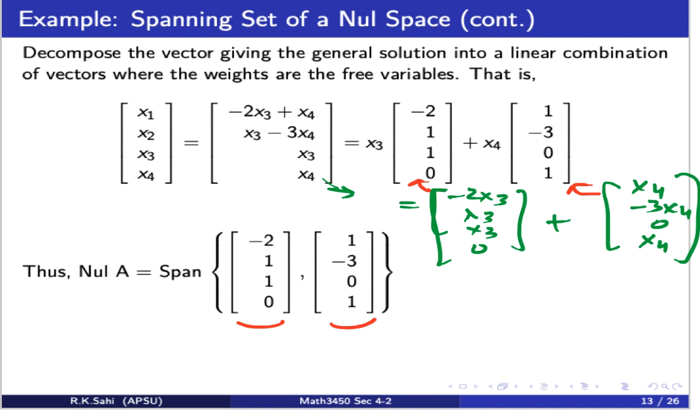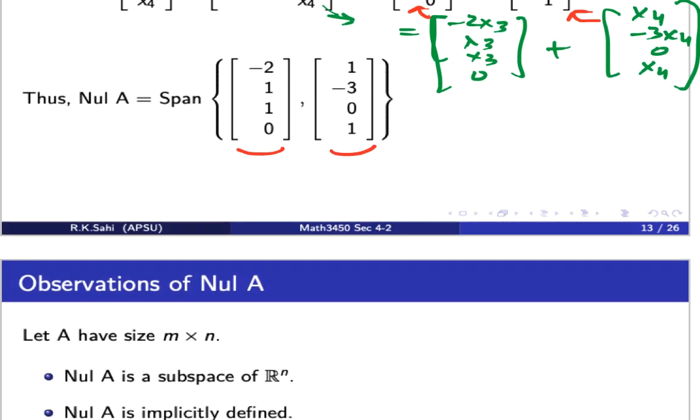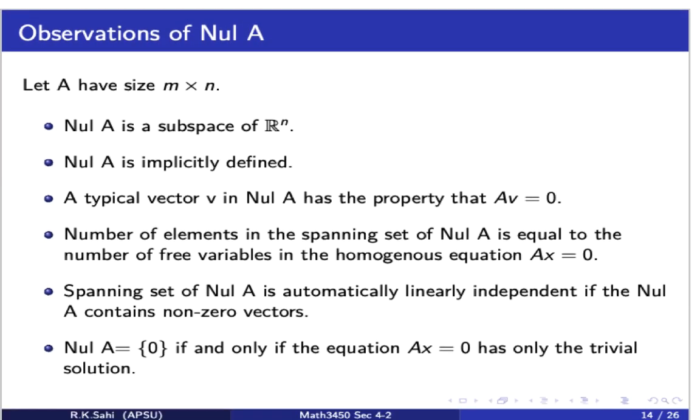Okay, let's look at some observations. If I have a matrix A of size m by n, the null space of A is a subspace of R to the power n, which is the number of columns of the original matrix A. It is implicitly defined. In other words, in order to find the null space, I have to do a lot of work.